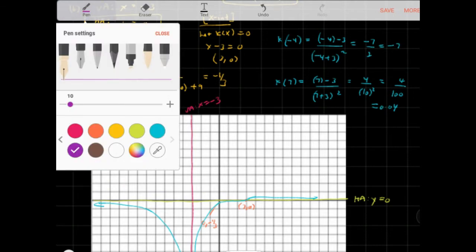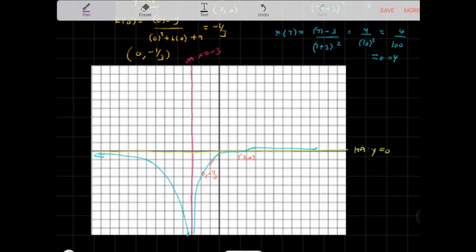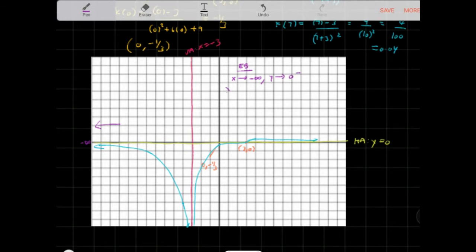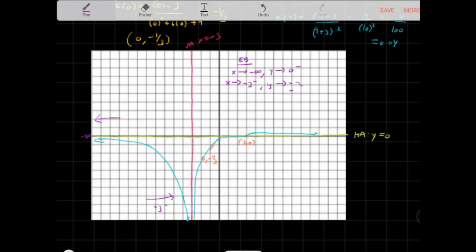I'm going to use a different color, something darker. If I look at my end behaviors, as x approaches -infinity, as I go this way, we can see that f of x or y will approach 0 from below. As x approaches the vertical asymptote -3 from the left side, y will approach -infinity.